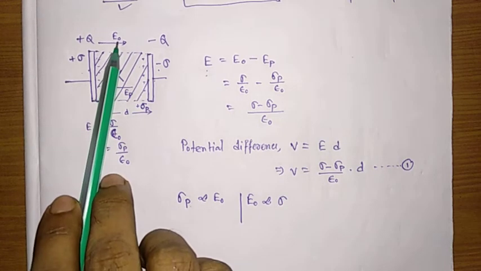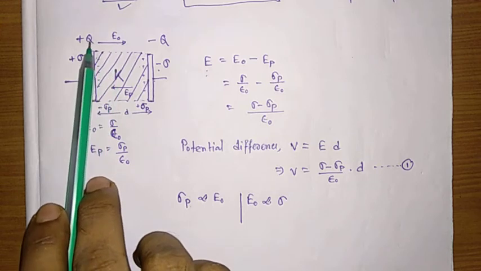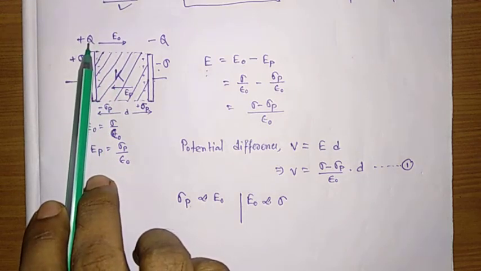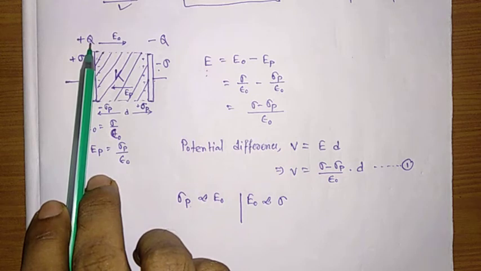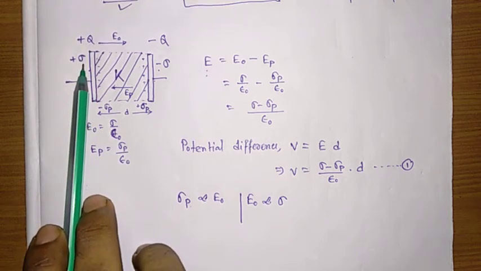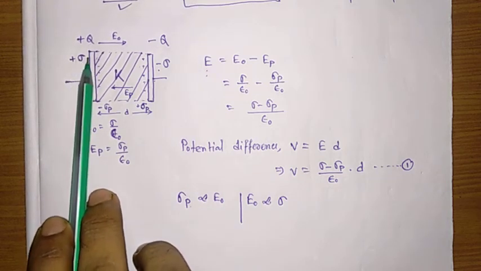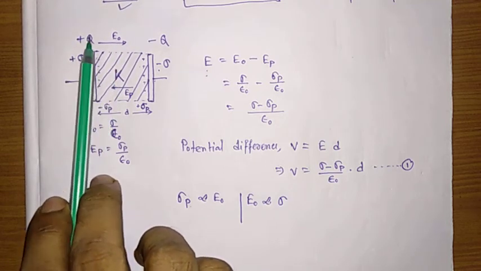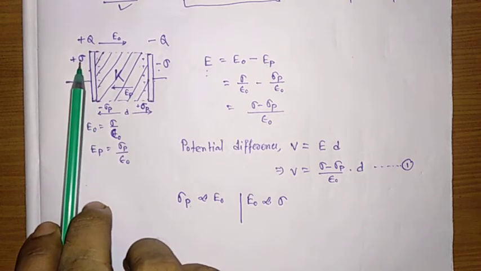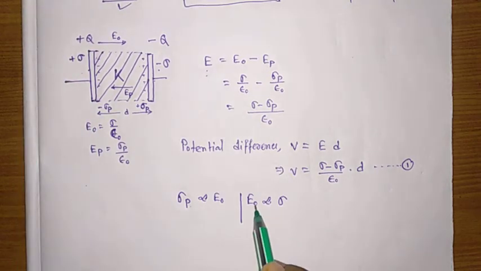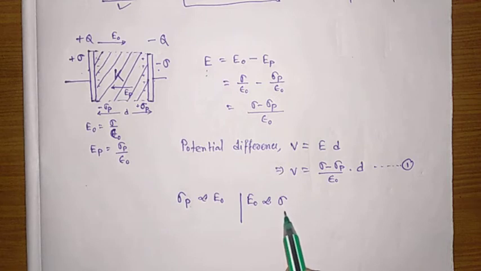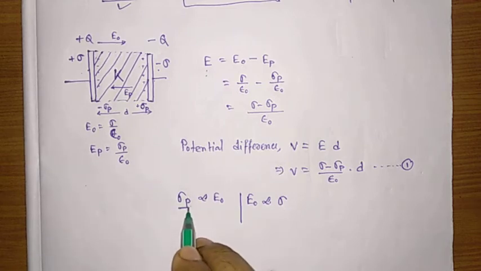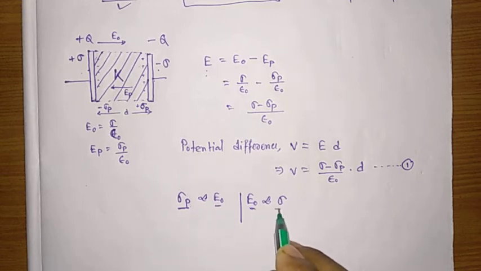If E naught increases, it is due to an increase of charge. If charge increases, then the surface charge density also increases, because sigma is equal to Q by A and the area is fixed here. So E naught is proportional to sigma. Now sigma P is proportional to E naught, which is proportional to sigma, so sigma P is also proportional to sigma.